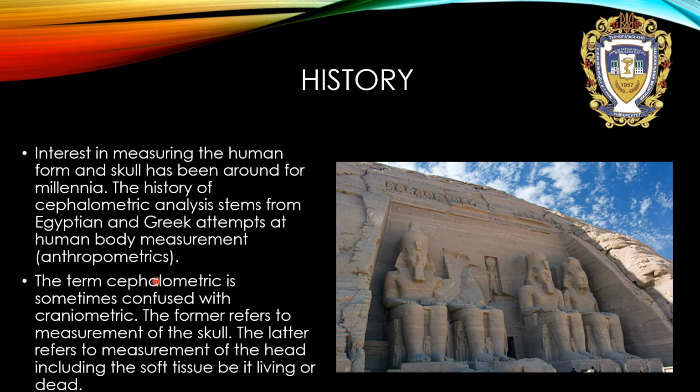The term cephalometric is sometimes confused with craniometric. The former refers to measurement of the skull. The latter refers to measurement of the head, including the soft tissue, be it living or dead.